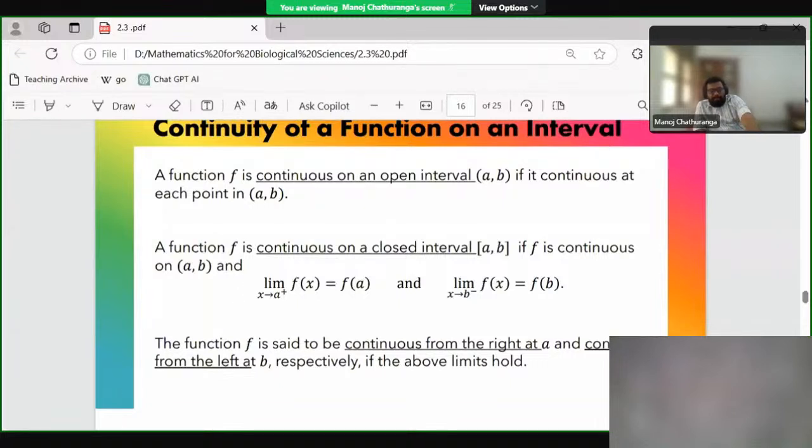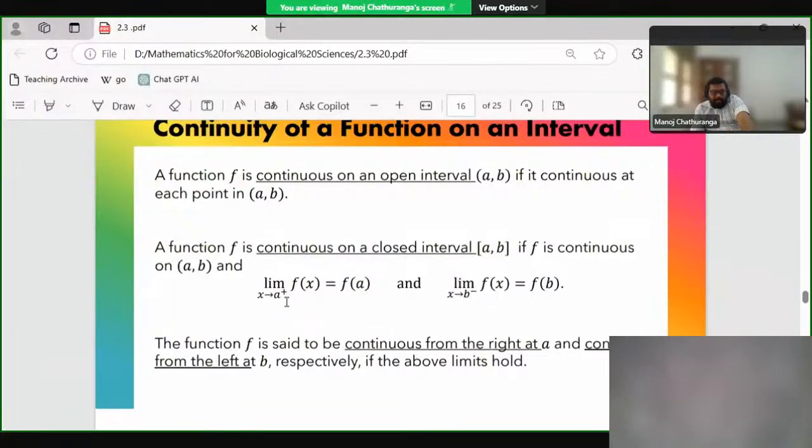For a bounded closed interval [a,b], we can evaluate the function at a and at b, and also compute the right limit at a and the left limit at b.